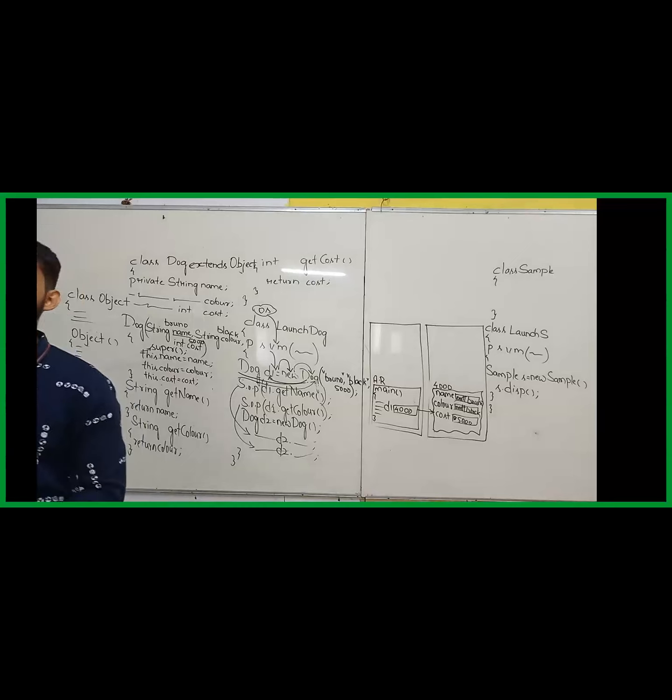Okay. So next what? What is the duty of super method call? Perfect. The duty of child super method call is to take the control from child class constructor to parent class constructor. Keep that in your mind. However, now I want to make this program work.